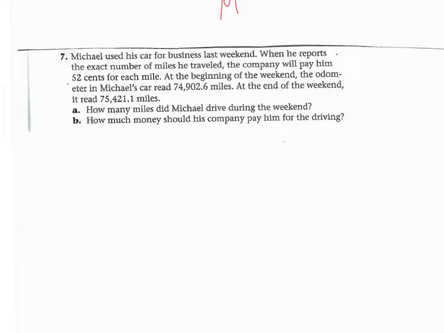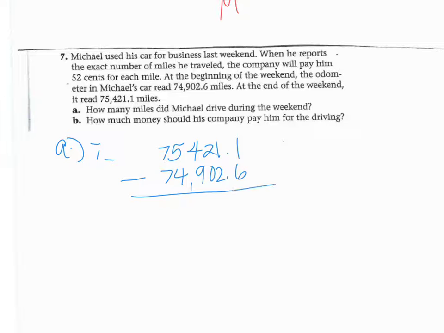Well, let's take a look at A here first. A would be his end of the weekend mileage, 75421.1 minus 74902.6. Whatever you get there is your number of miles he drove.